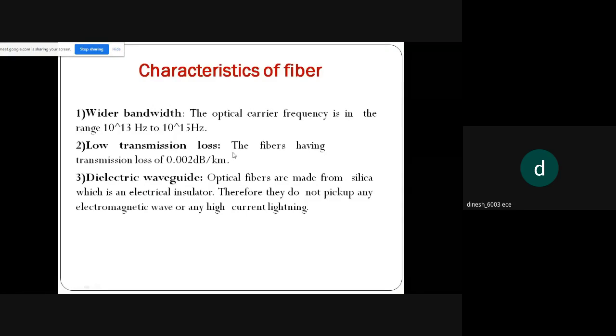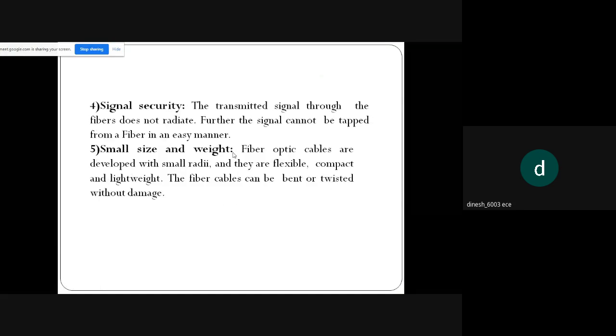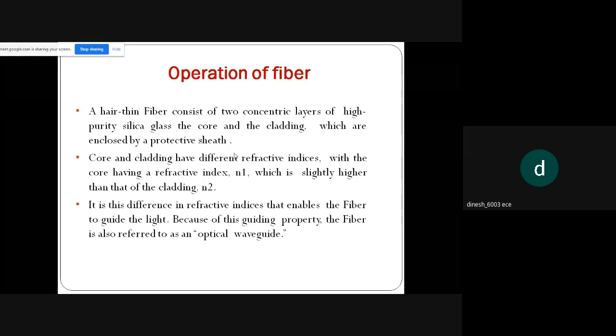After the characteristics of fiber, the operation of the fiber. So how does this optical fiber work? As defined, a fiber is a hair or a thin fiber structure which consists of two layers, the core and the cladding. Then it is surrounded by protective sheets.